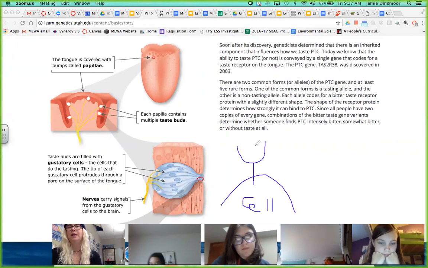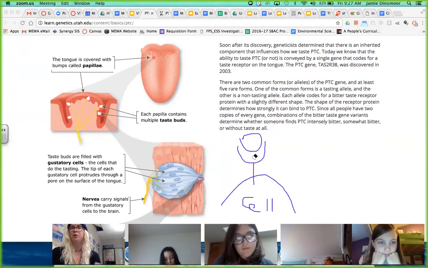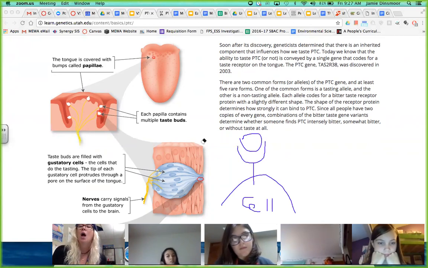Now, if you can taste PTC, that means the receptor is shaped so that when the PTC comes in, the PTC is the same shape as the receptor, right? So the PTC can fit into the receptor, it gets activated, and that tells your cells the taste, right? Which then goes through your nerves to the brain and all the rest.